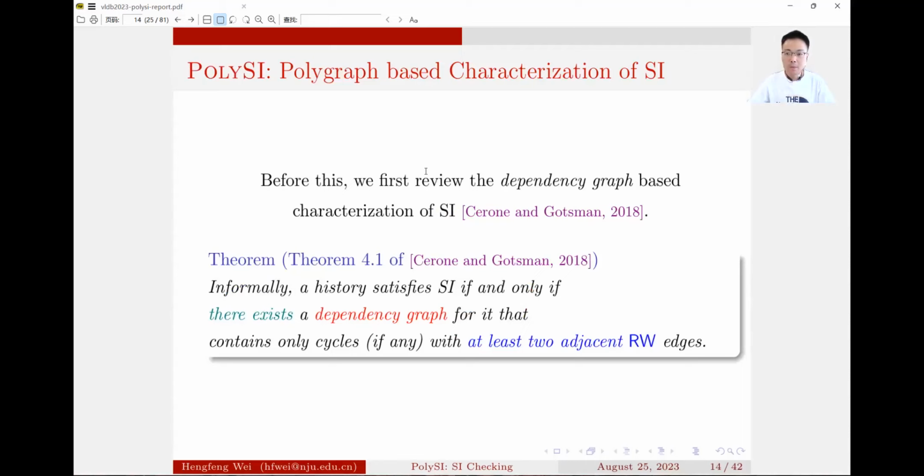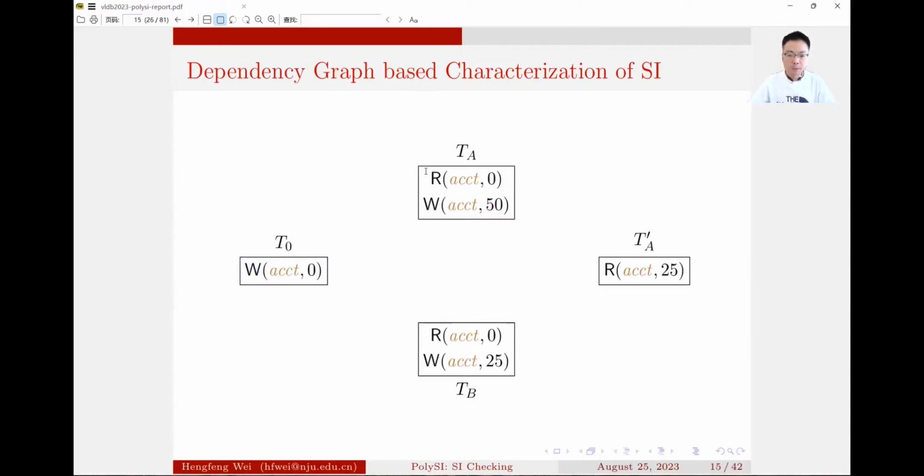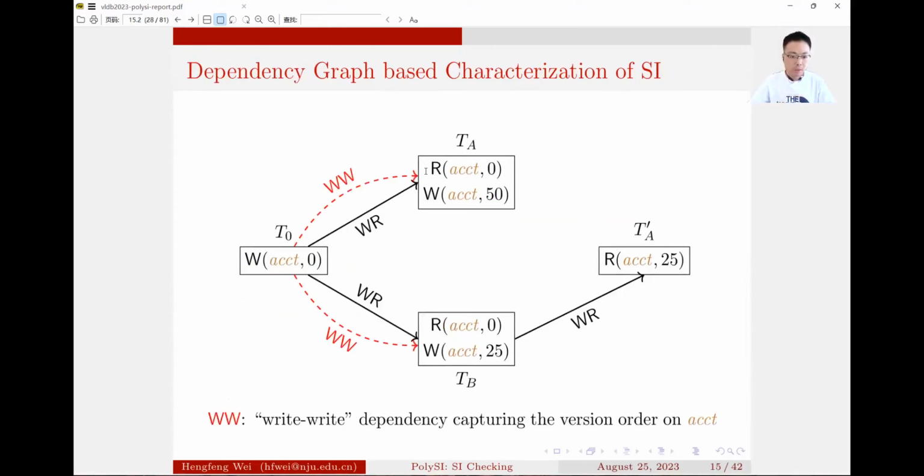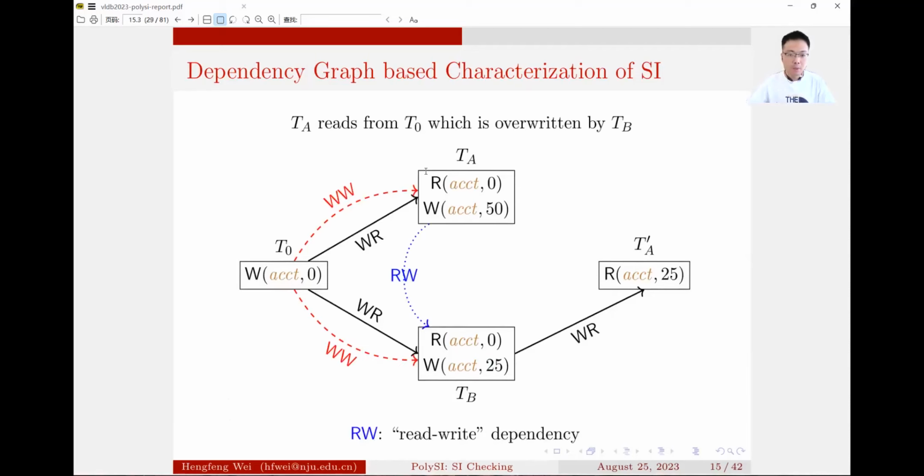What does this mean? Let's consider an example. We have 4 transactions. The write-read dependency captures the read-from relation between these transactions. The write-write dependency captures the version order on the account. Because TA reads from T0, and T0 is overwritten by TB, we can infer that TA is before TB.